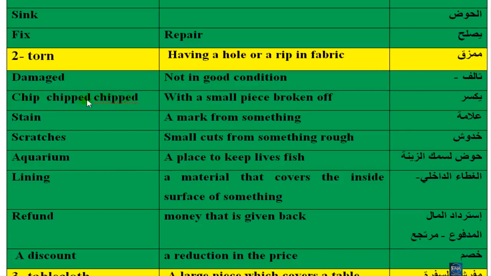The D here is going to be pronounced T. Why? Because the last sound is the sound of P, like hope, hoped. Not D, but we say it T. Chipped, with a small piece broken off.